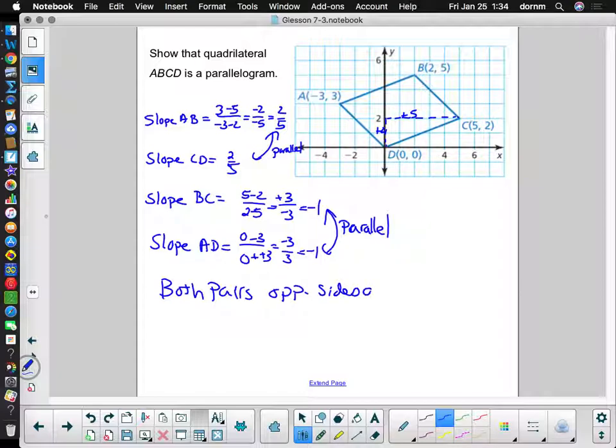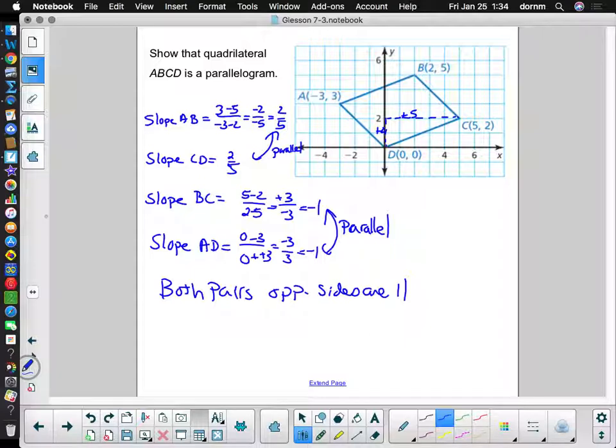Okay, so communication is really key as you're working on these problems in the coordinate plane. State clearly, don't just write down random numbers or write 2/5, 2/5, -1. Don't do that because I don't know if that represents a slope, if that represents a length. I don't know what you're calculating. Be specific.